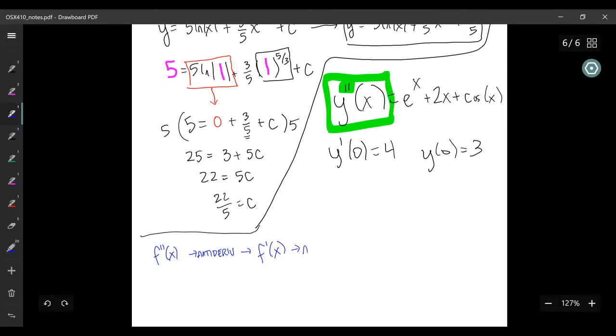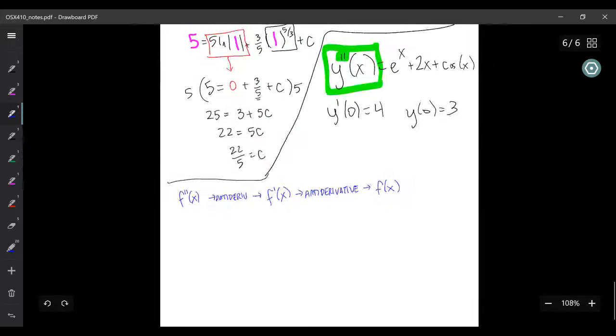If you do it one more time, then you get the original function. Just like when you take the derivative of the original function first, then take the derivative of the first derivative, you get the second. So there are two different antiderivative steps that we're going to do, and we're going to do them right now.